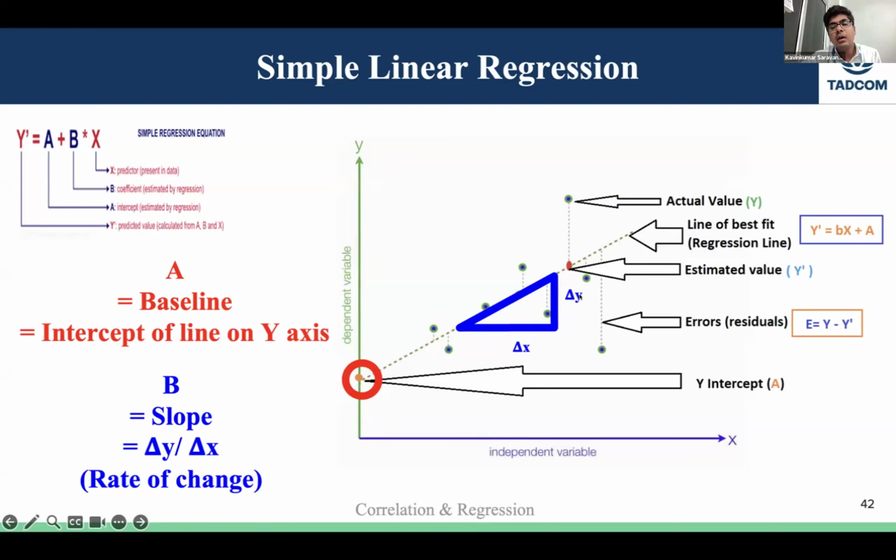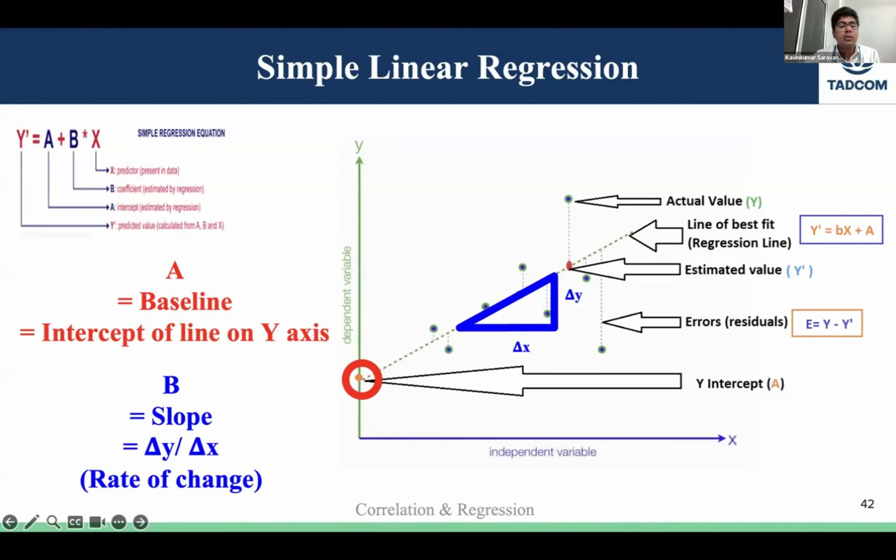It's nothing but how much change in y happens for how much change in x. It's a rate of change. For example, if x changes from this point to this point, how much change is there in y? So we divide this delta y by delta x, which gives you the rate of change. This is nothing but the value of b.